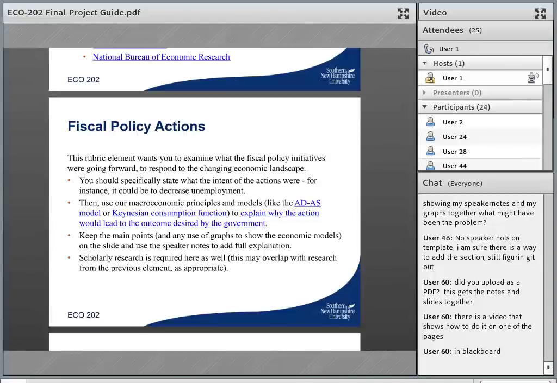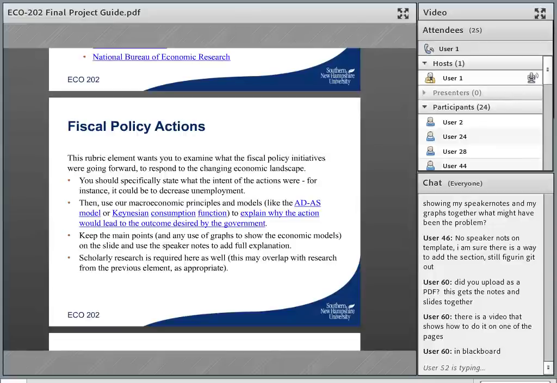If you tried to save it as a PDF and you lost your speaker notes somehow, you can just submit it as a regular PowerPoint and your instructor will just have to download it to see your speaker notes. But if you submit it that way, then at least they can read it by downloading it and you won't lose the speaker notes.